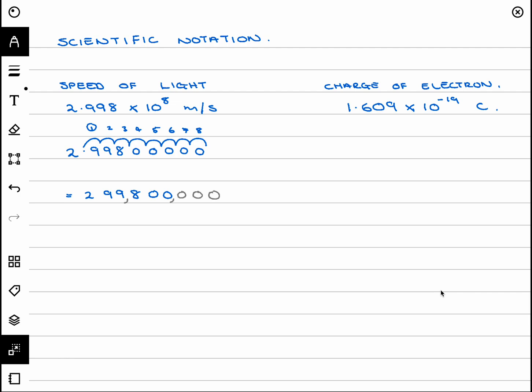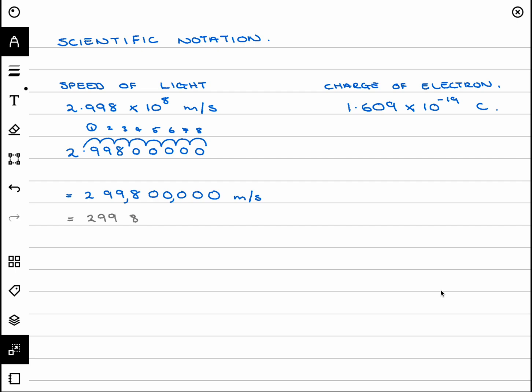Okay, and we normally break them up into sections of 3s because we count in, not so much hundreds or tens, but thousands, millions, billions, and that's why the commas are put in every three digits. So 1, 2, 3, 1, 2, 3. And that's how fast the speed of light is, which is extremely fast.